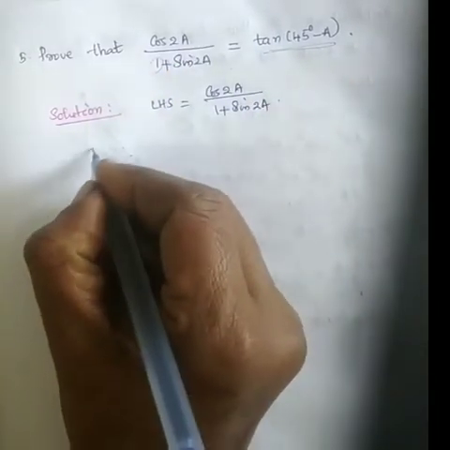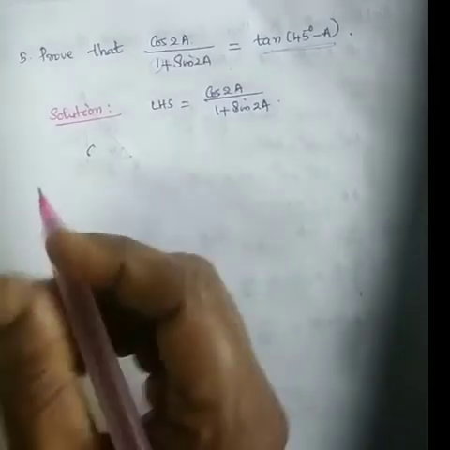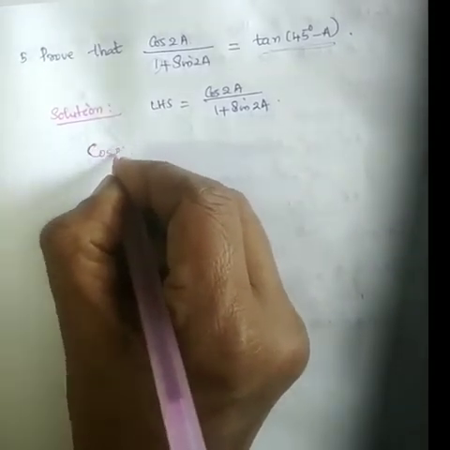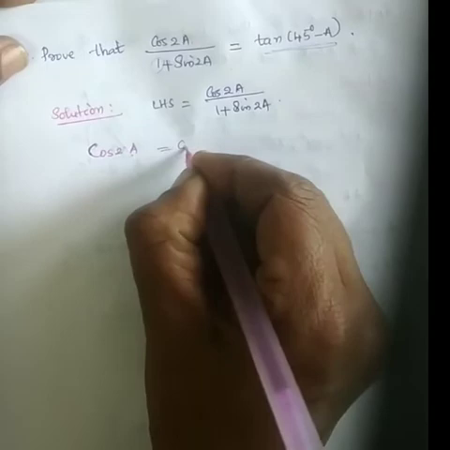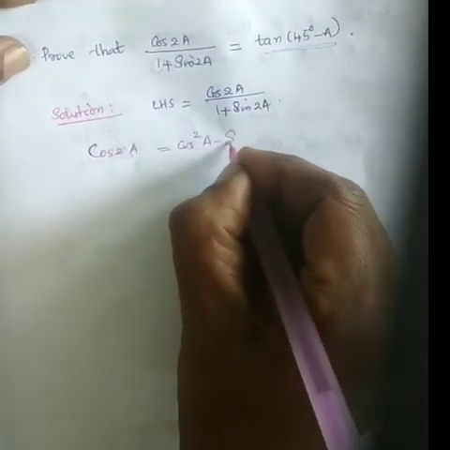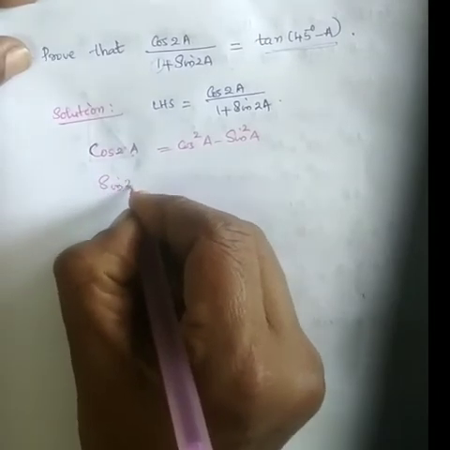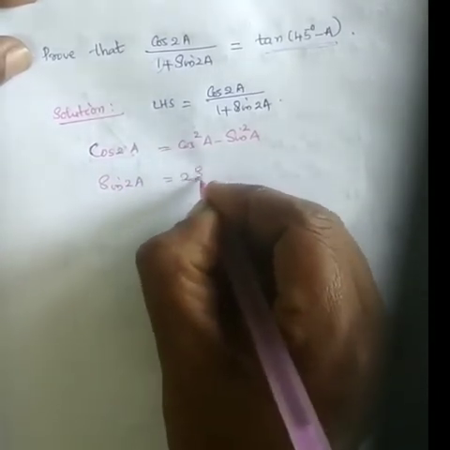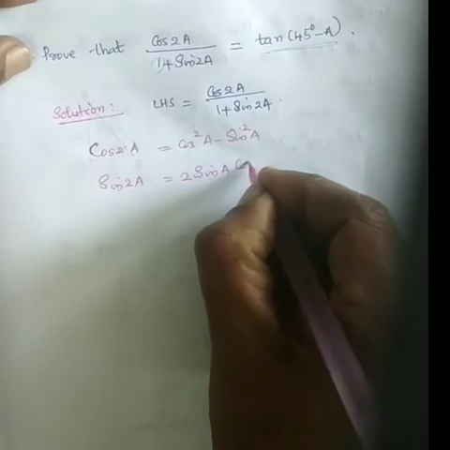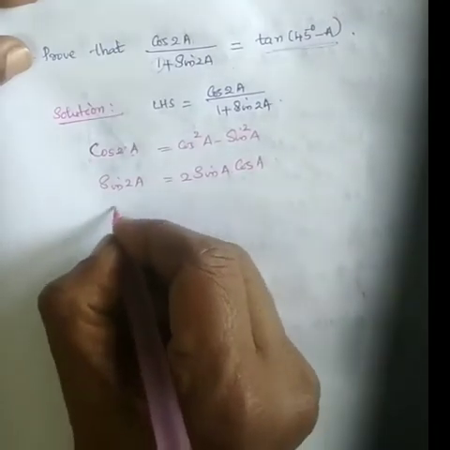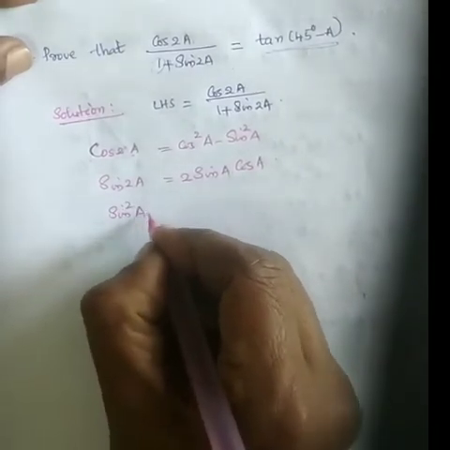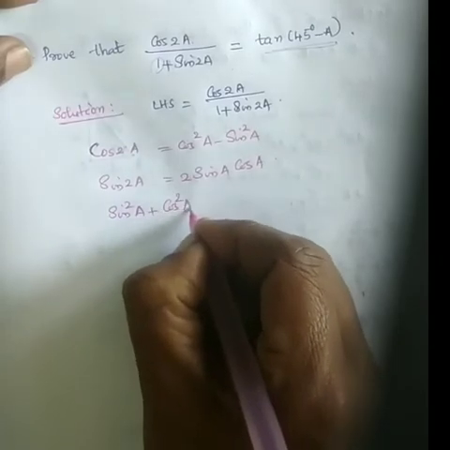What are they? Cos 2a is cos square a minus sin square a. Next one, sin 2a. Sin 2a is 2 sin a cos a.